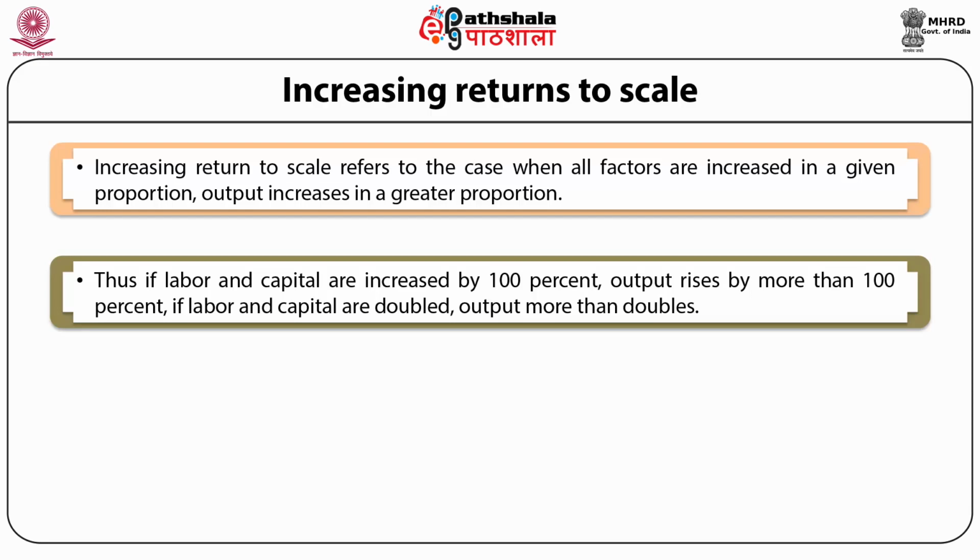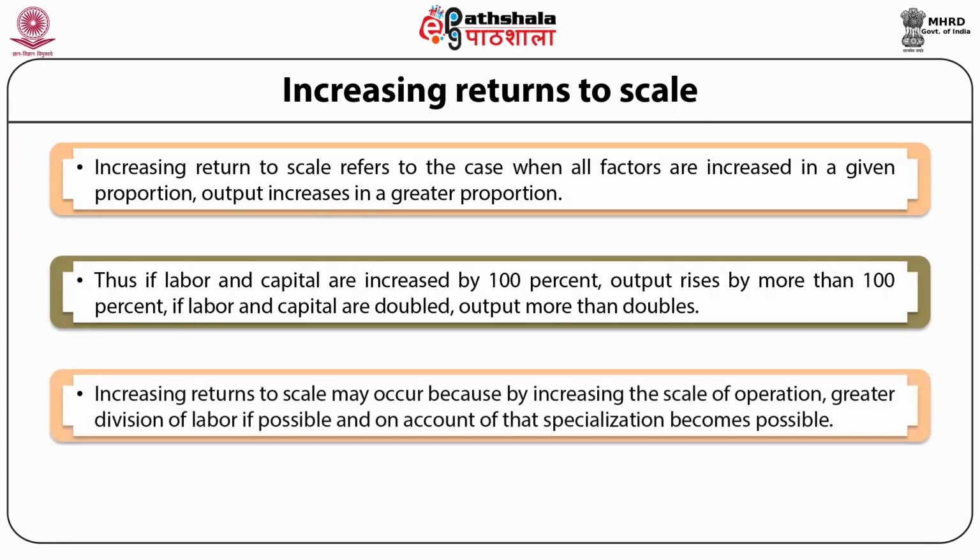If labor and capital are doubled, output more than doubles. Increasing returns to scale may occur because by increasing the scale of operation, greater division of labor, if possible, and on account of that, specialization becomes possible.